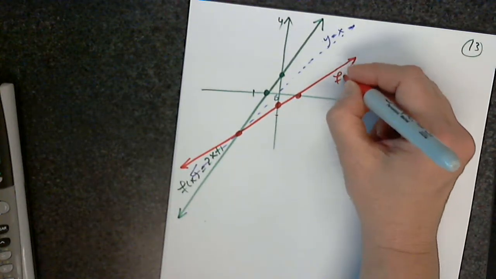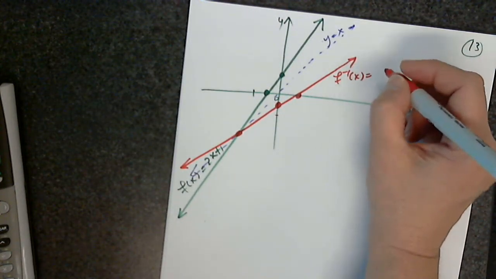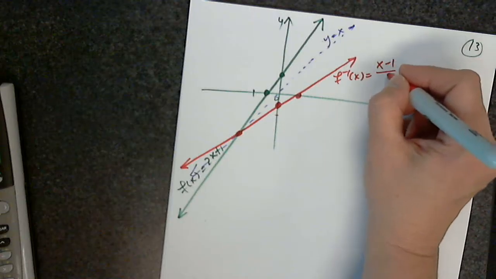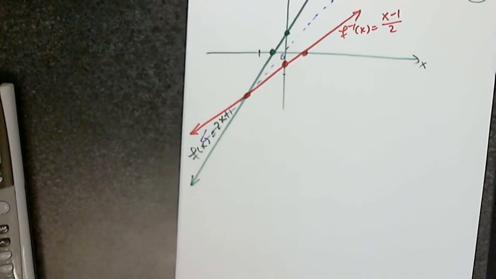So this is the f inverse, which was x minus 1 divided by 2. Any questions? Very good. Back to chapter 7.